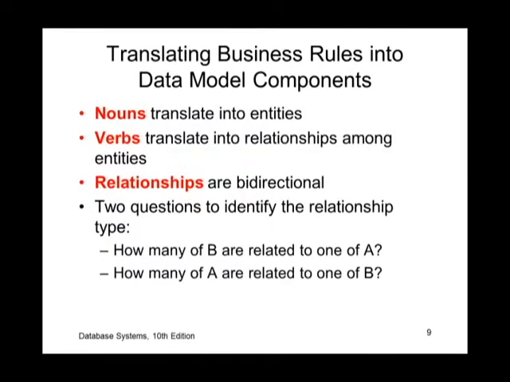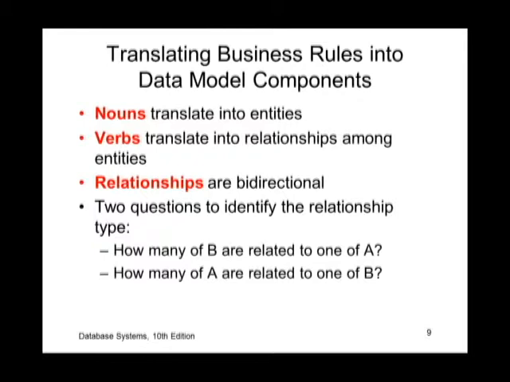As we look at these different database rules and we start to compile the information for our data model, there are some things that can help us through this process. First of all, in those business rules, normally we will have nouns and they will translate into entities.